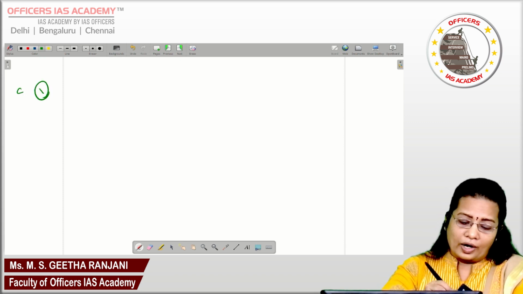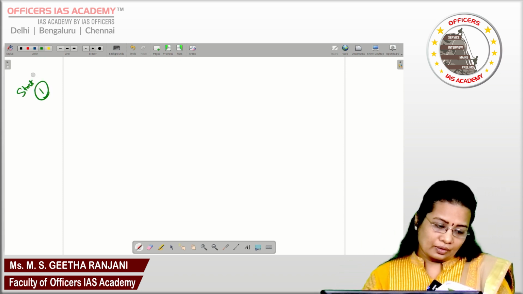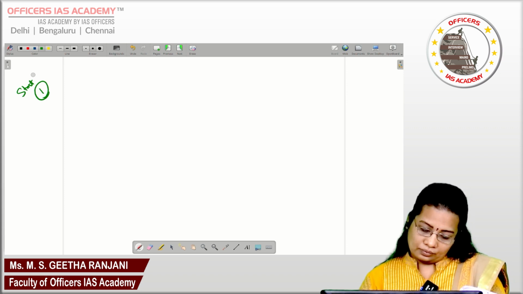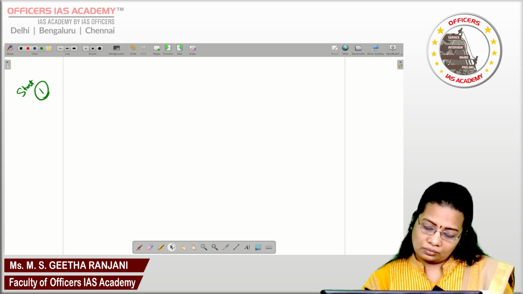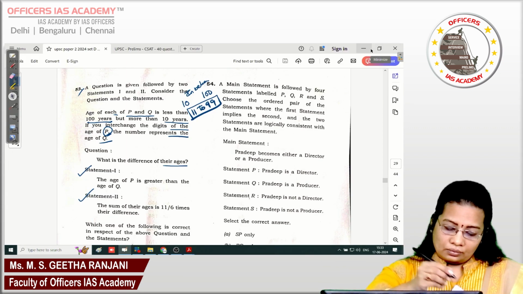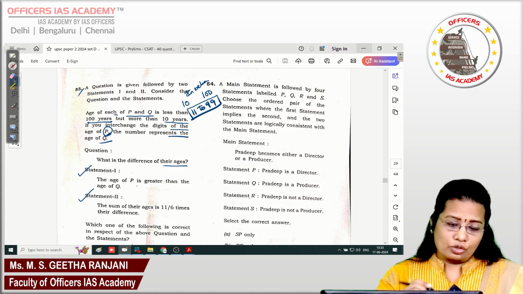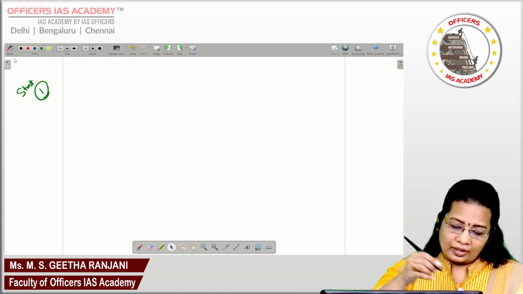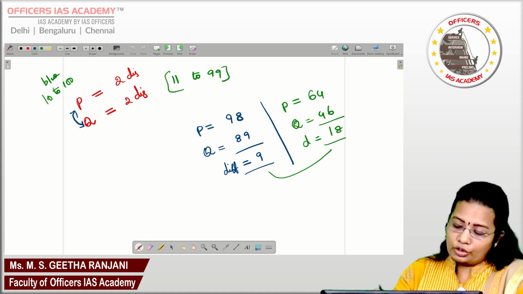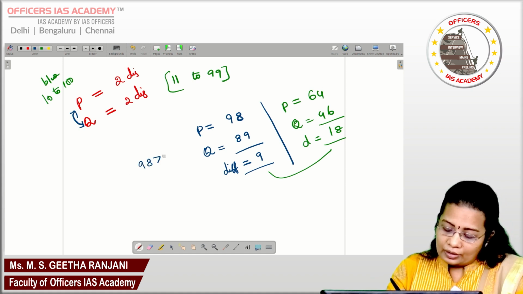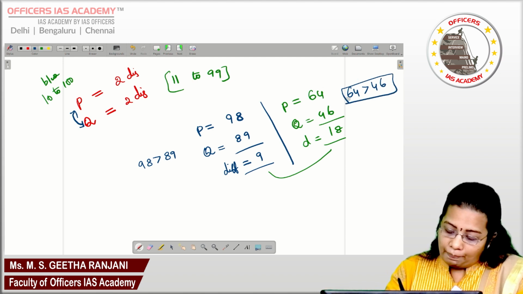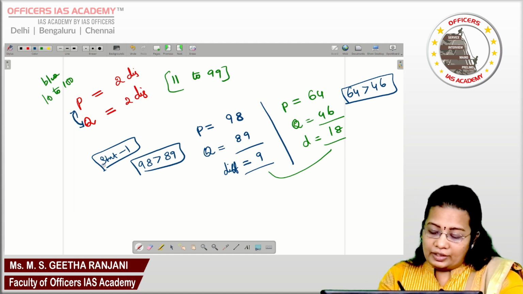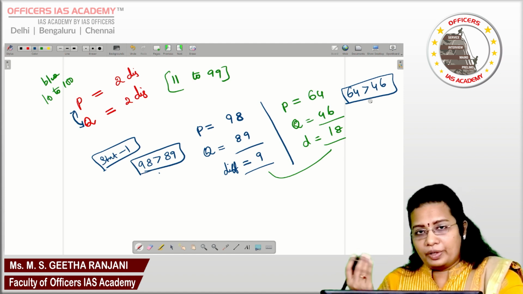So statement number 1 given is just that the age of P is greater than the age of Q. Just now I have taken two values for P and Q. Here P is greater than Q, and here also P is greater than Q. So according to statement number 1 individually, analyzing these two different values, not only these two, so many things are there.